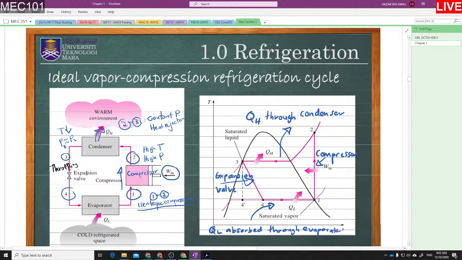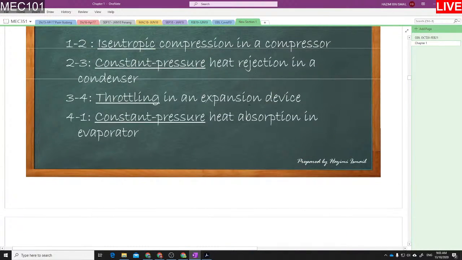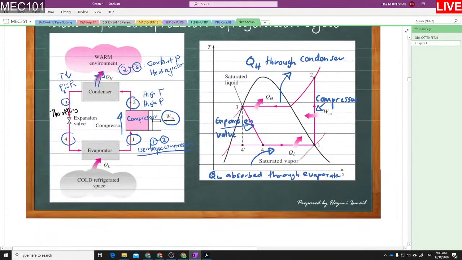So the throttling process happens in an expansion device, or sometimes we call it a throttling device. Sometimes we call it an expansion device, sometimes a throttling device. Okay, so the pressure will drop. So P4 is much lower than P3, and P4 should be equal to P1.